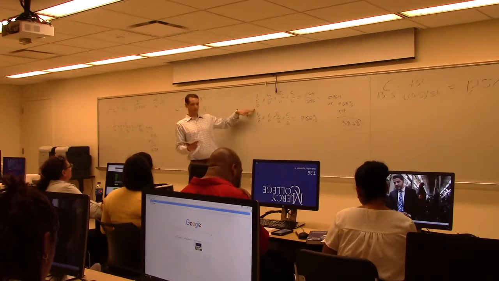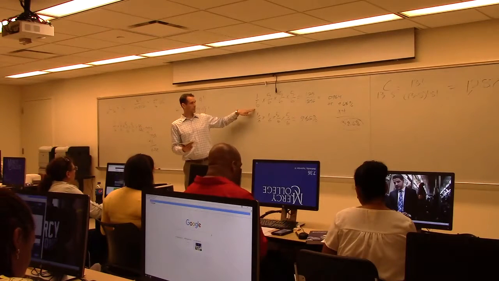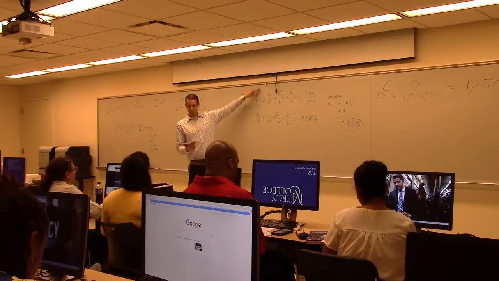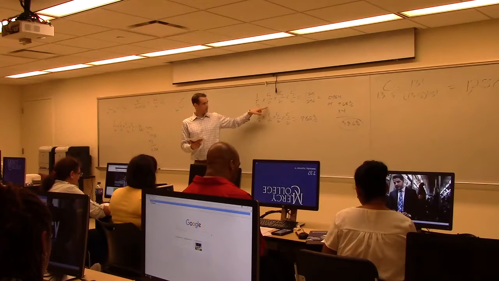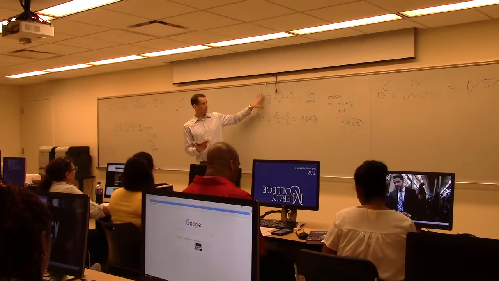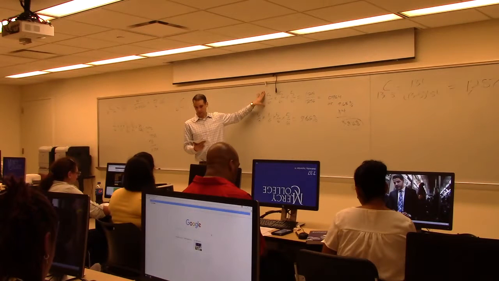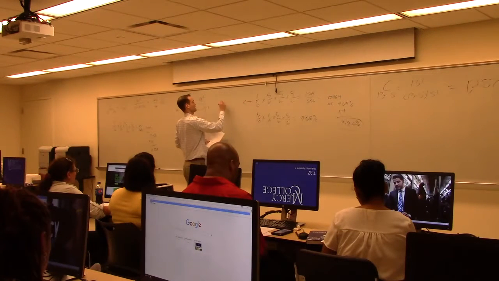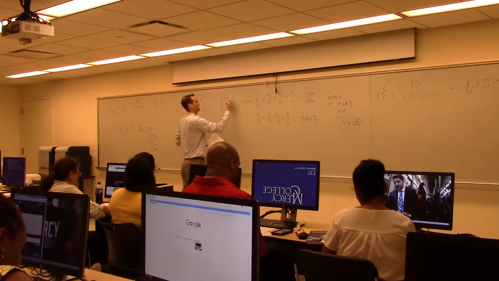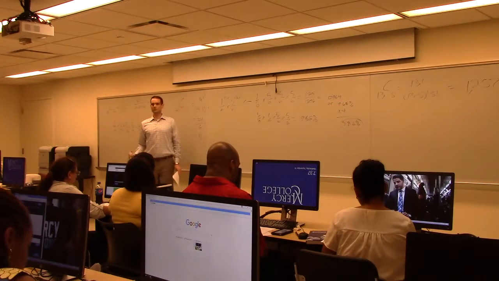So p, our probability, would be 1/6, raised to the 1, and times 1 minus p, which would be 5/6, and we would raise that to the remaining 3 trials. So this we could look at as 1/6 raised to the 1 times 5/6 raised to the 3. Same thing.